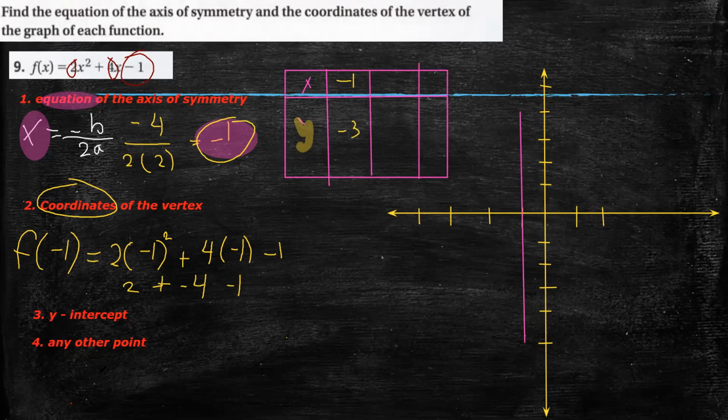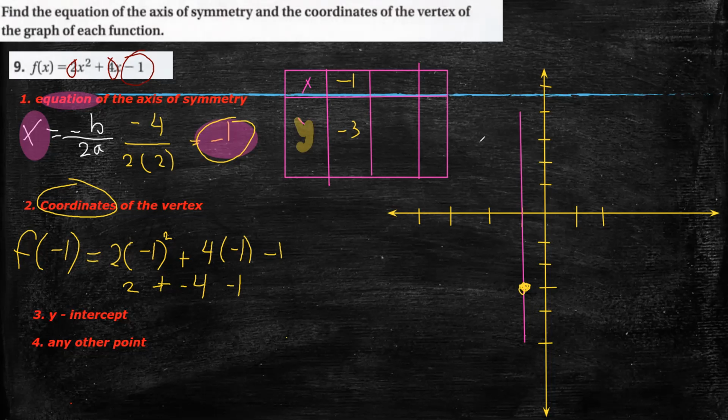This is the vertex: negative 1, negative 3. It is on the axis of symmetry, as it must be.